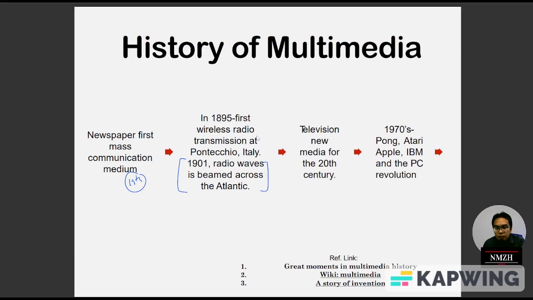Afterwards we have Pong, Atari, Apple, IBM, and the PC revolution, which in Malaysia I think could be the 80s to 1995, if I'm not mistaken, because from my personal experience, I did use a PC in I think 1994. Okay, all right, that would be a Windows desktop PC, right?